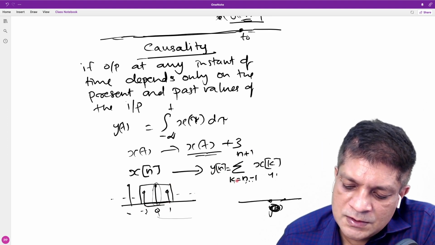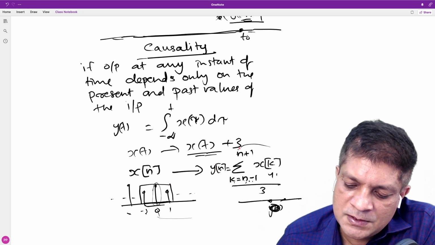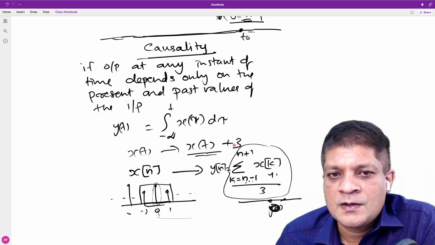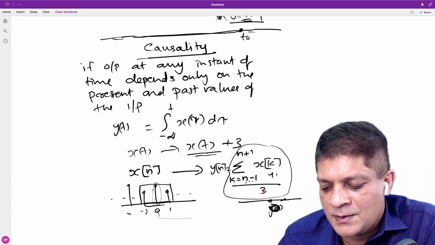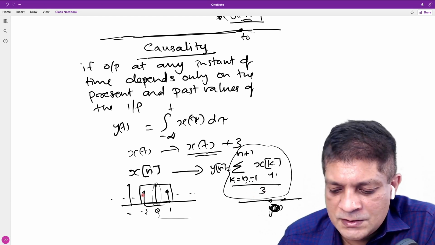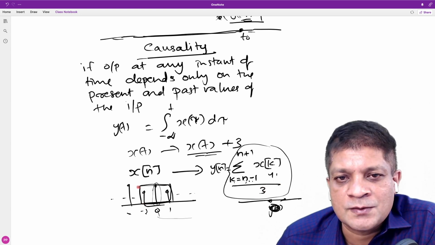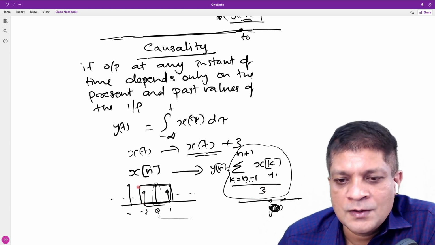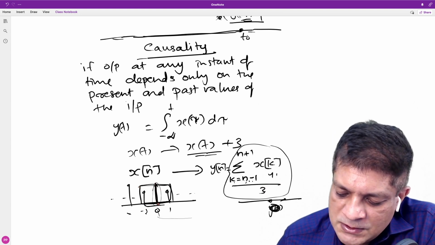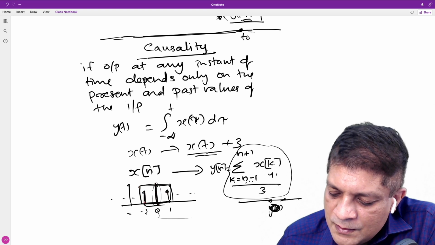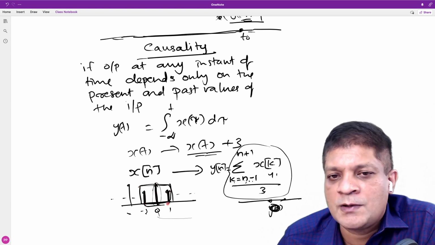It is divided by 3. What is the reason for dividing by 3? Then it is the average of these three values, isn't it? At any instant of time, it is the average of the present value, the previous value, and the next value.